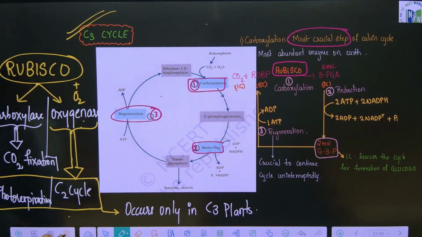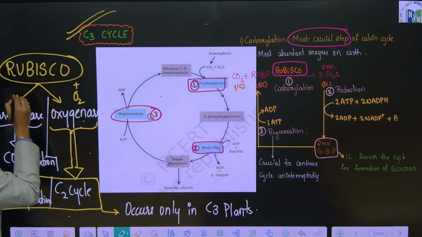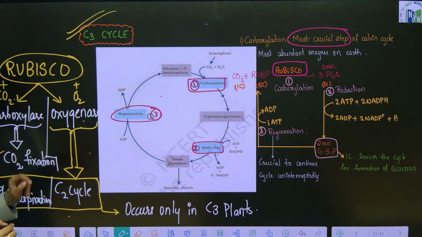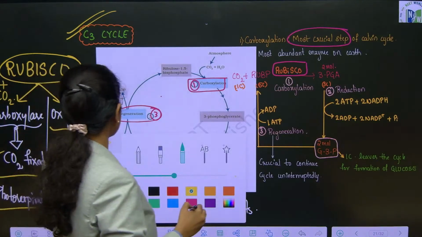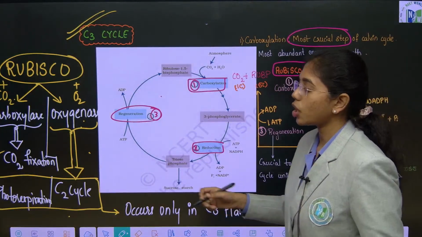Whereas when Rubisco performs carboxylase activity along with carbon dioxide, it fixes carbon dioxide, carbon dioxide fixation occurs, and here itself you can see the 3 main steps of C3 cycle. Here this operates what cycle?